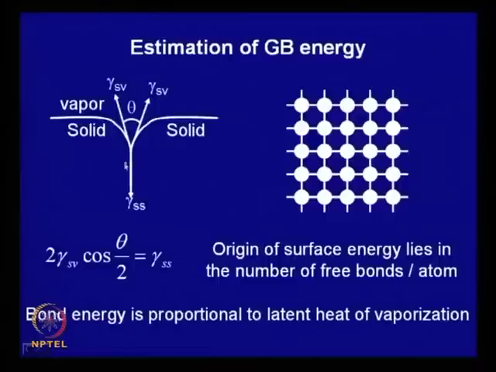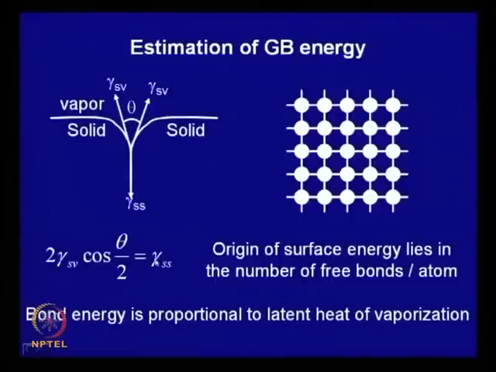So, equating the force, you can resolve it here. The vertical component will be gamma SV cos theta by 2, and there will be 2 of these. So this is the upward force, twice gamma SV cos theta by 2, and this will be equal to the surface energy along this direction.